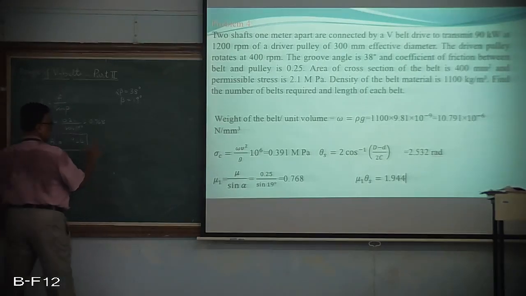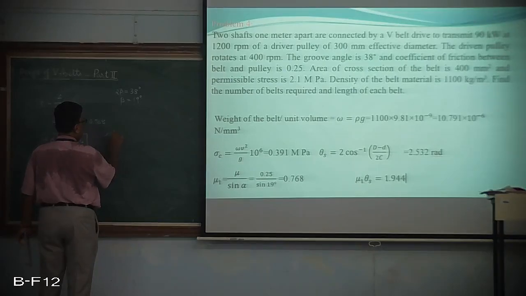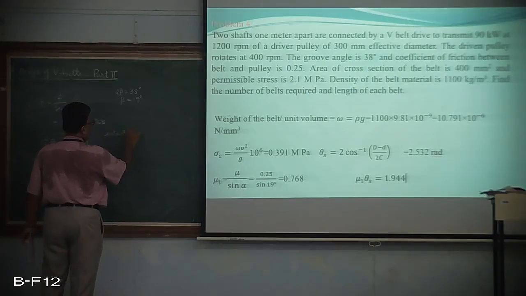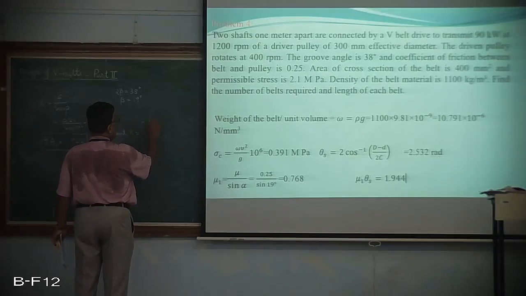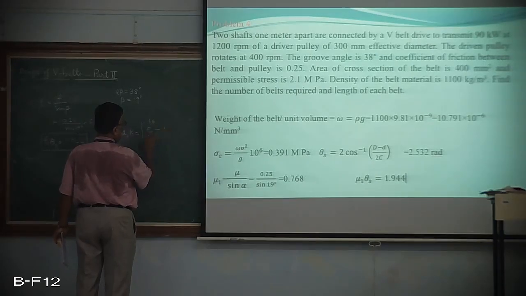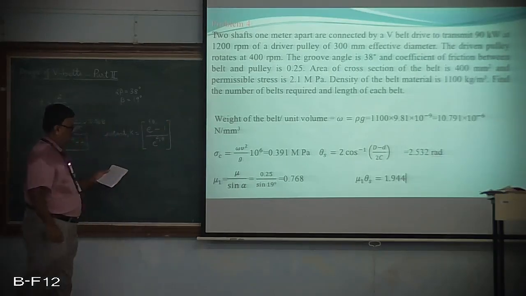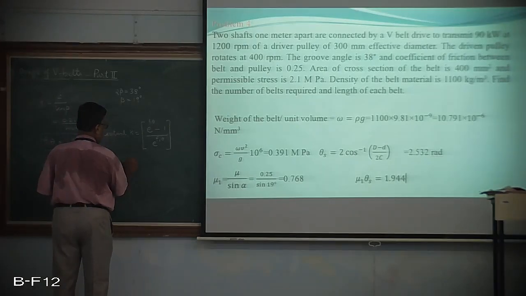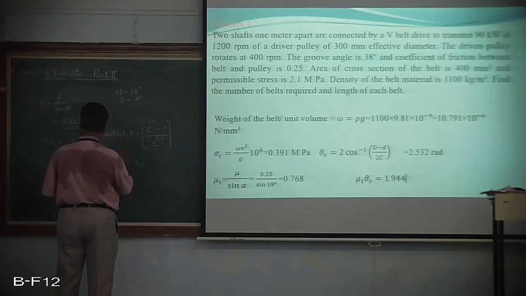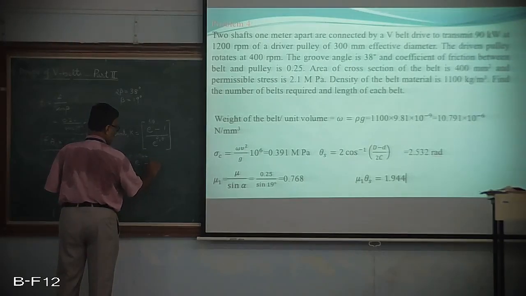Now the constant, I had already mentioned to you the constant K. What was constant K? Tell me. K was given by e raised to f1 theta minus 1 upon e raised to f1 theta. If you substitute this, you will get e raised to 1.944 minus 1 upon e raised to 1.944.